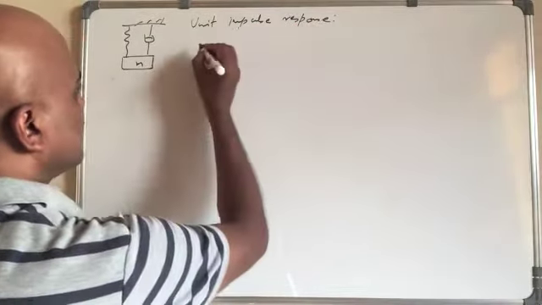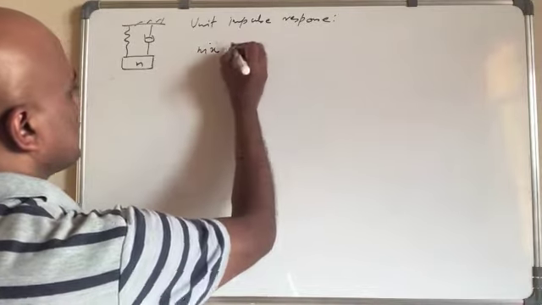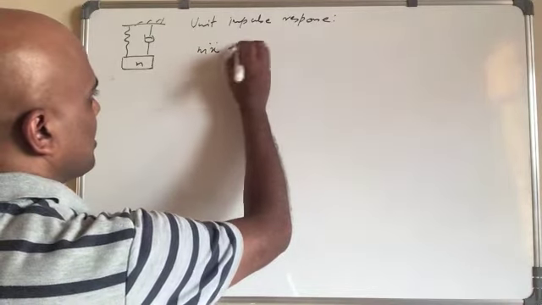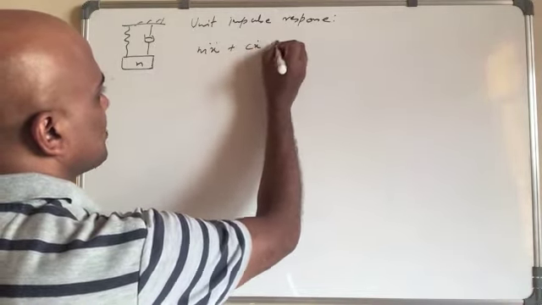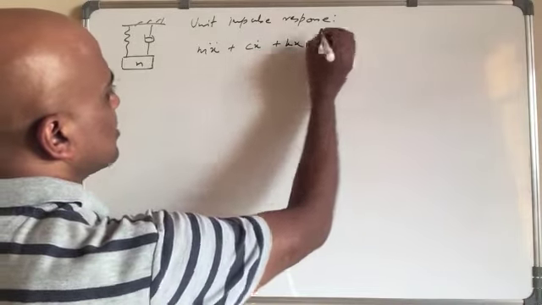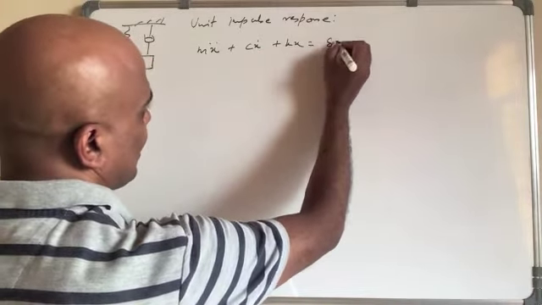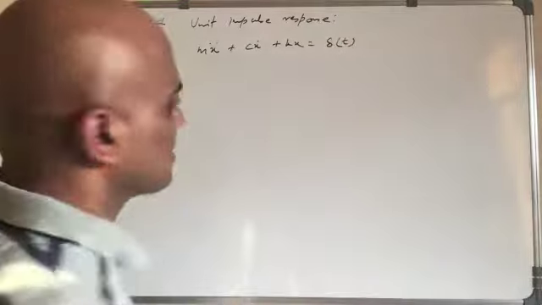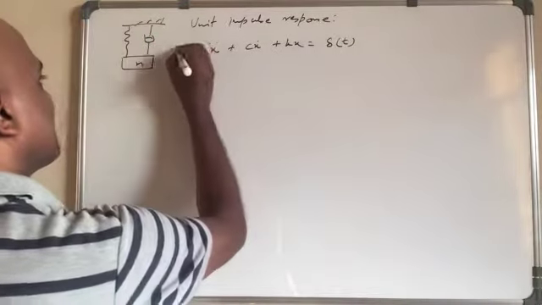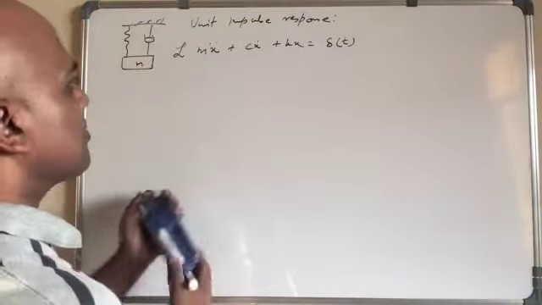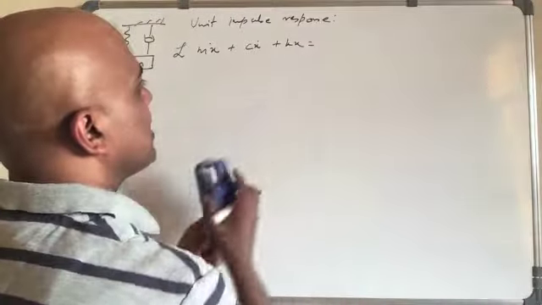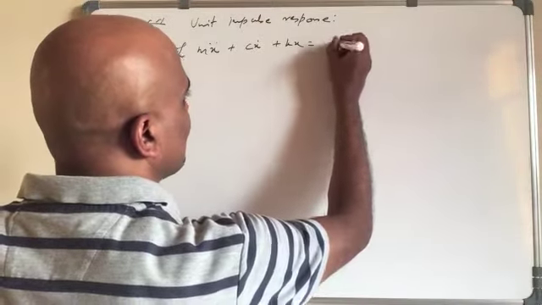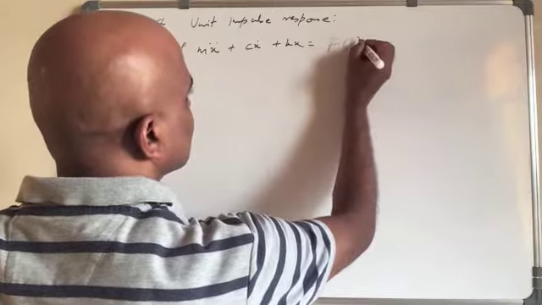And how do you find it? We write the equation m x double dot plus c x dot plus k x equal to just delta(t). Or in fact, let's write it for any force f(t).